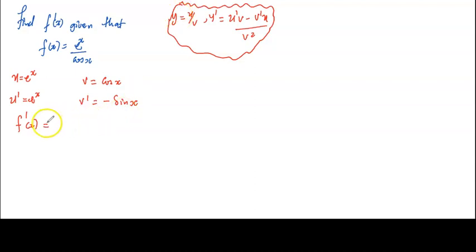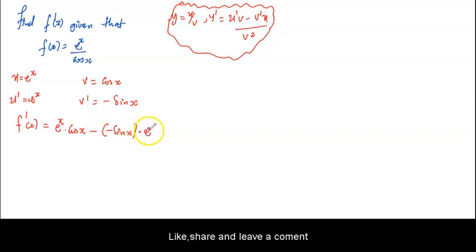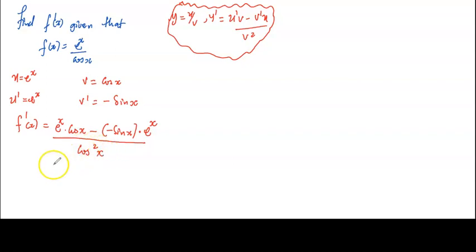All right, that means our derivative is the derivative of u, which is e to the x, times v, which is cos of x, subtract the derivative of v multiplied by u, all of this divided by v squared, which is going to be cos squared of x. So you have applied your quotient rule. Now what's left is just factorization, but the quotient rule is already applied.